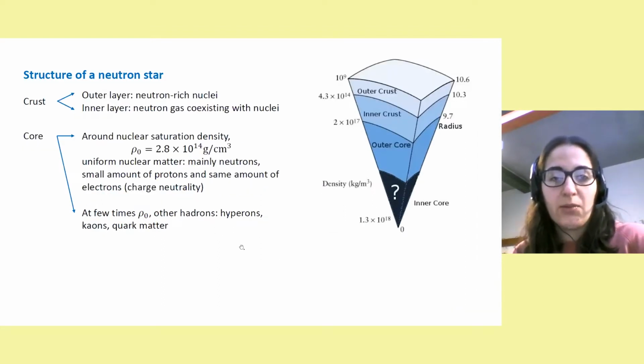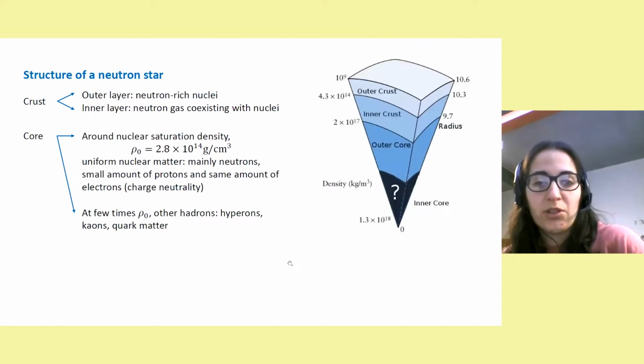So if we remember the structure of neutron stars, there are some layers. Okay, there is a crust, which is the outer part, and it can be divided in two parts actually. An outer layer, which is basically a form of neutron-rich nuclei. And if we go a bit farther inside the crust, then we go into the inner layer in which neutrons have started to drip from the nuclei, and there is a neutron gas coexisting with the nuclei.